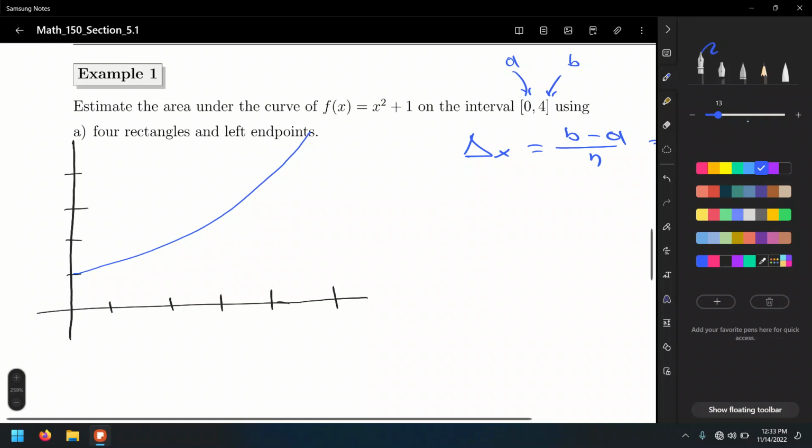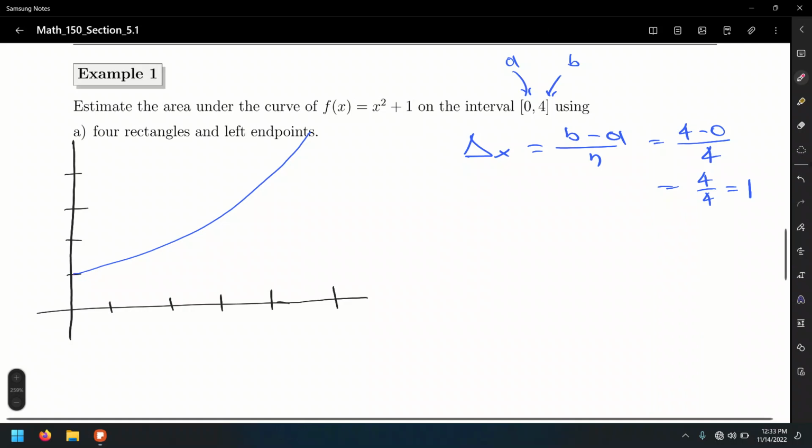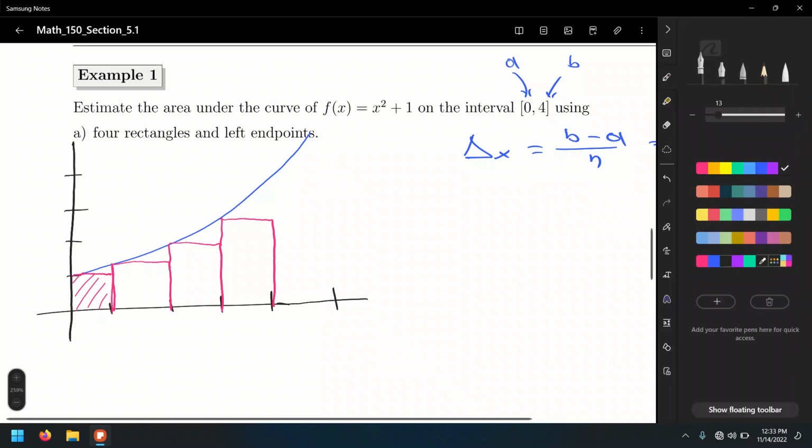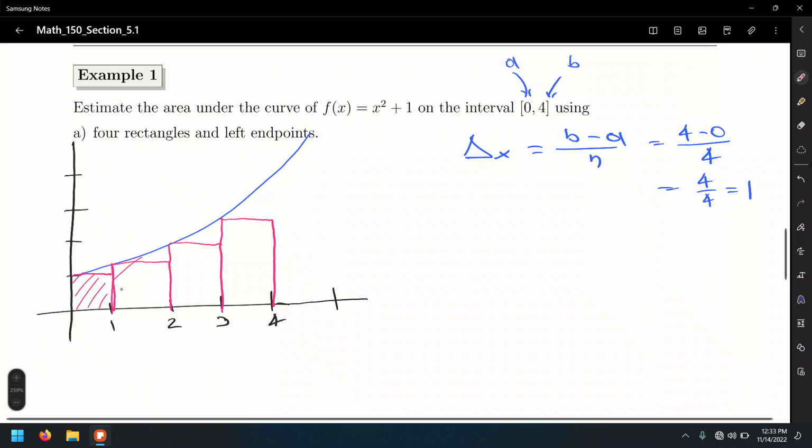So that's left endpoint, left endpoint, left endpoint, and left endpoint. So we are finding the areas from 0 to 1, 2, 3, and 4. So we need to compute the areas of 4 rectangles in this case.